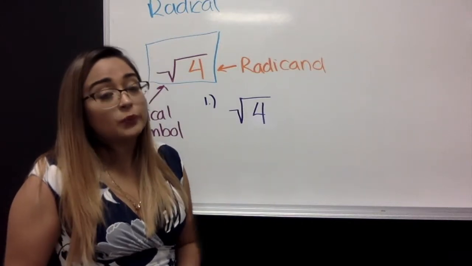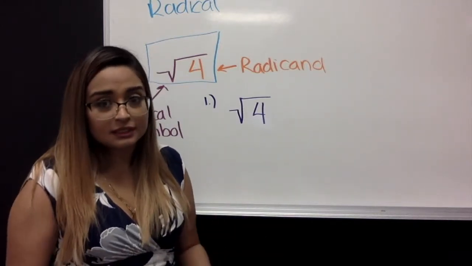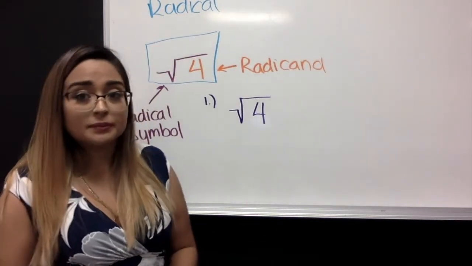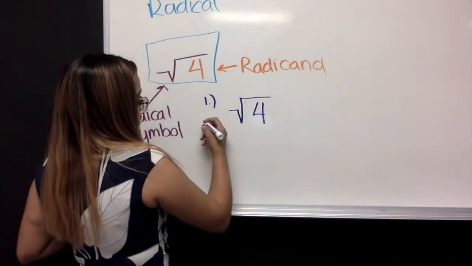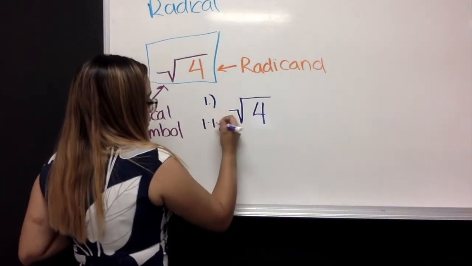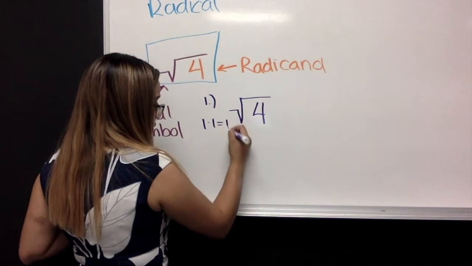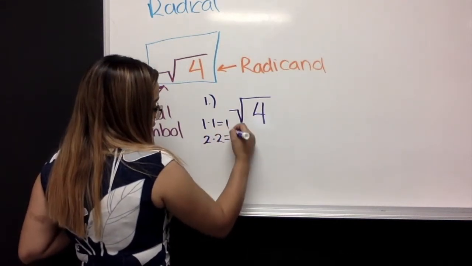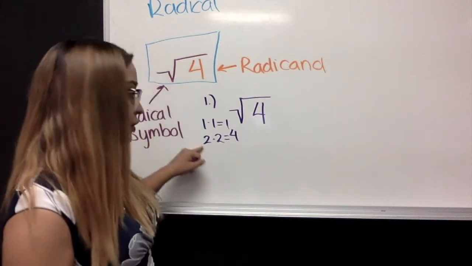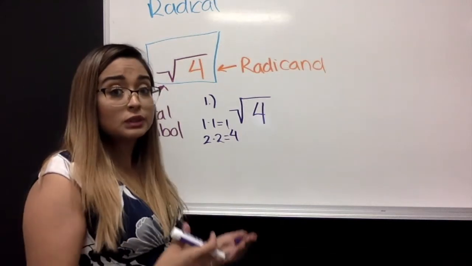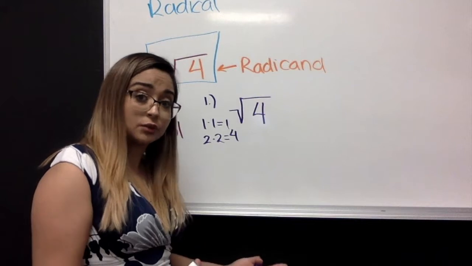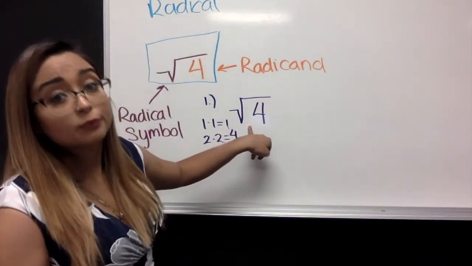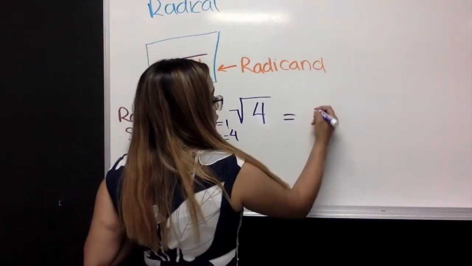We can do it a lot of different ways, but let's do it in a way that'll be very simple. 2 times 2 equals 4. So we know 2 times itself, which is 2, equals 4. Therefore, the square root of 4 is equal to 2.